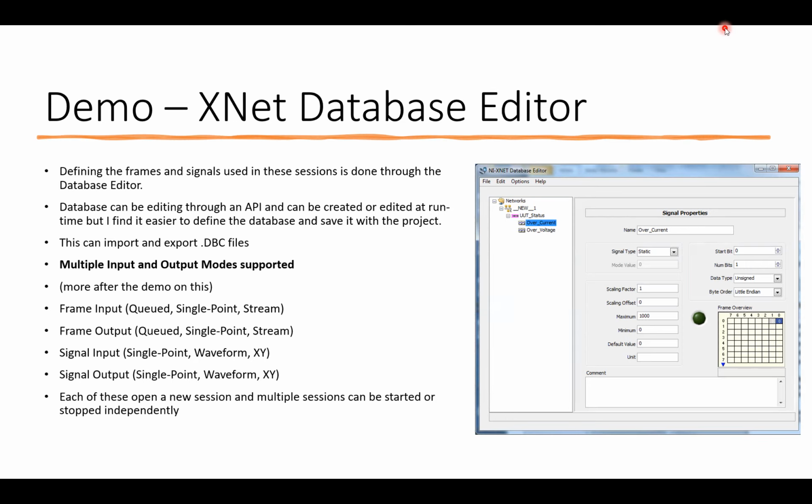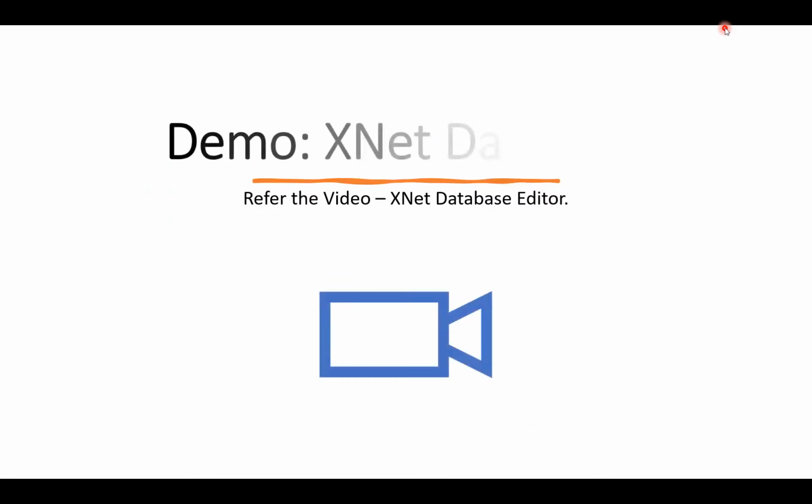That can be used directly in the code. I'll show you the example code for each of these: CAN frame input, frame output, signal input and signal output, and how we can do the coding with the low-level APIs.